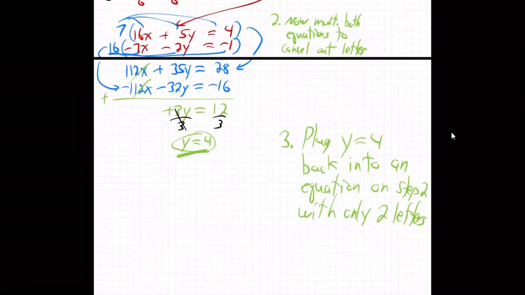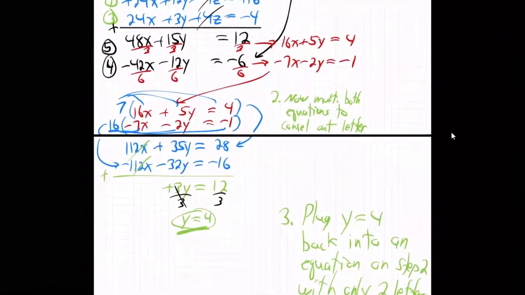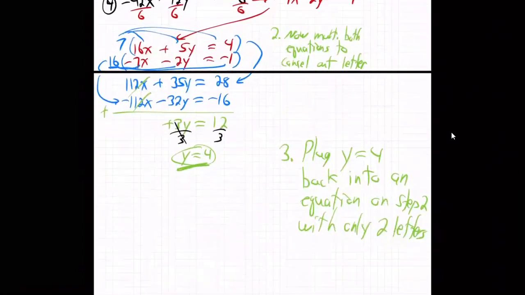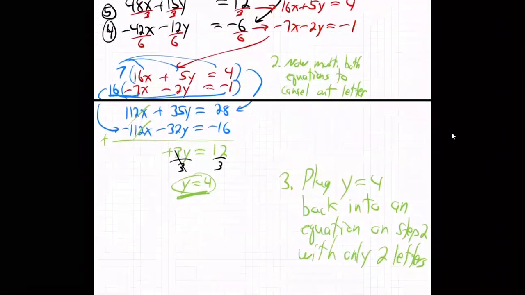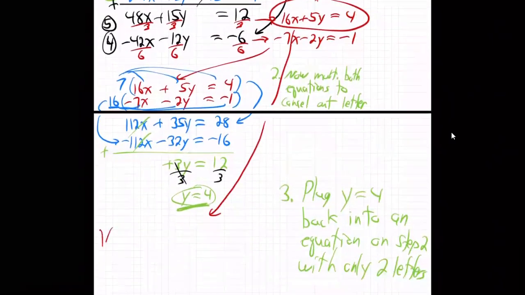But first, I'm just going to go back, plug y equals 4 back into an equation on step 2 that only had two letters. Go back here to step 2, and you can plug into, you know, either one of these. It doesn't really matter, either one. So I'll just grab this first one here. 16x plus 5y is 4.